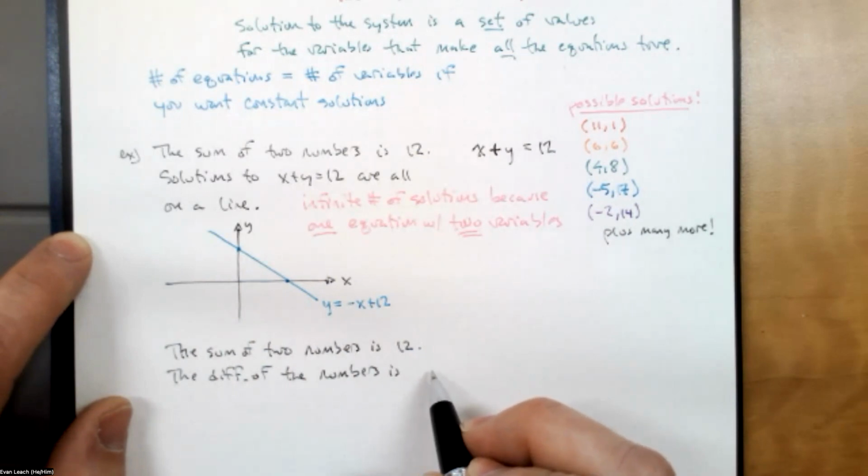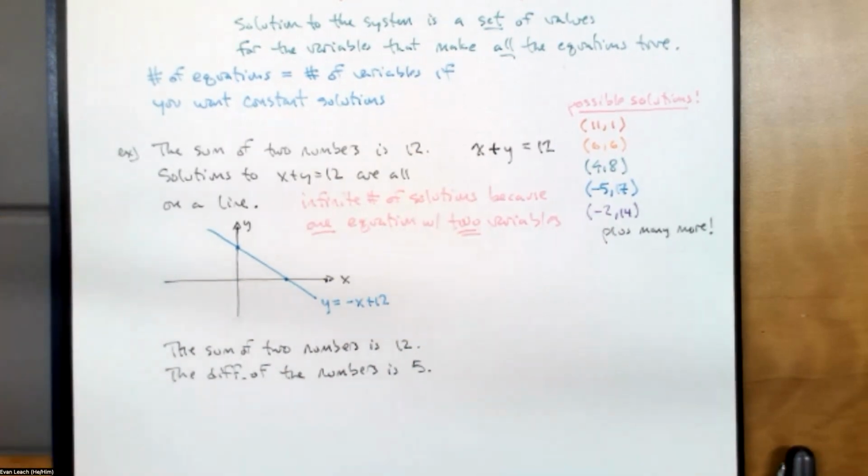I don't want to use 4. 5. What we're looking for are two numbers where the sum is 12 and the difference is 5. Now I have two pieces of information.